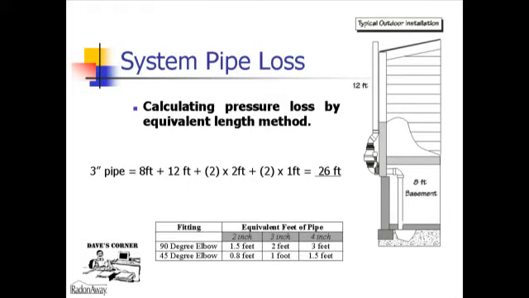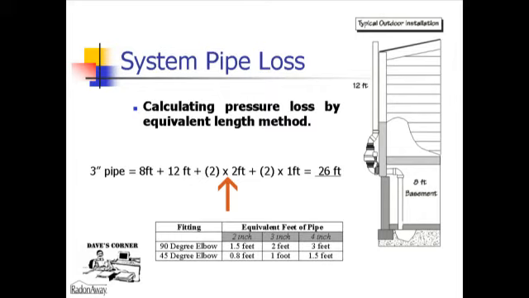this type of system. Now we can see here in the chart, again, if we're talking about 3-inch pipe, the equivalent length of the 3-inch elbow is 2 feet of straight pipe. So in this example, we have 2 90-degree elbows, which is the equivalent of 2 times 2 feet.